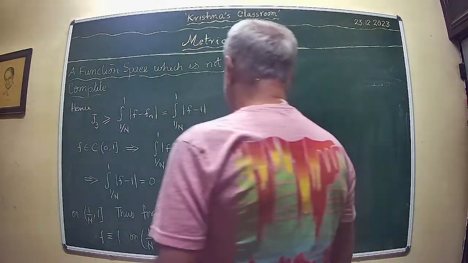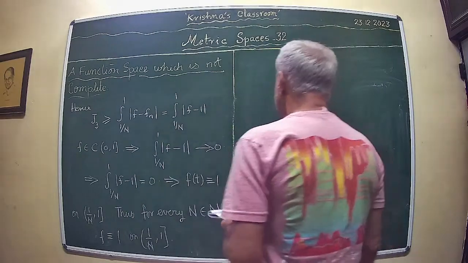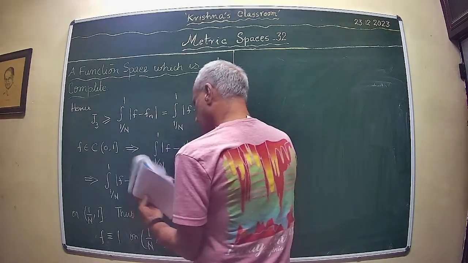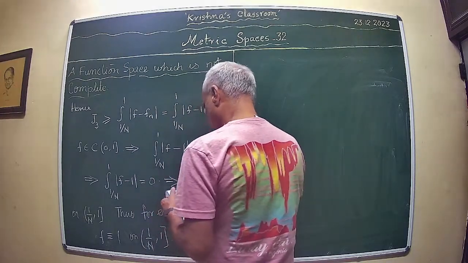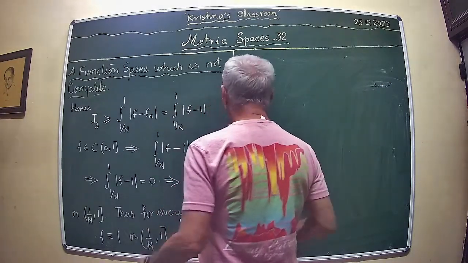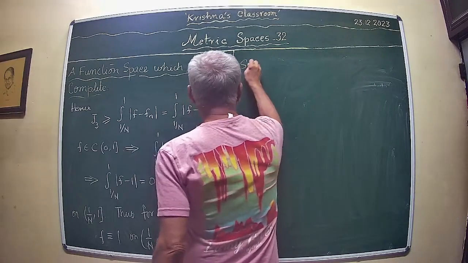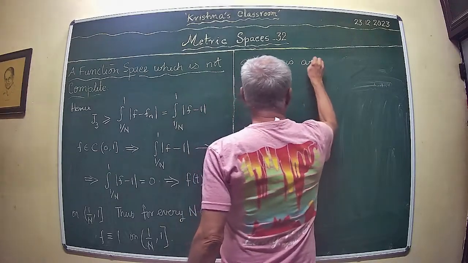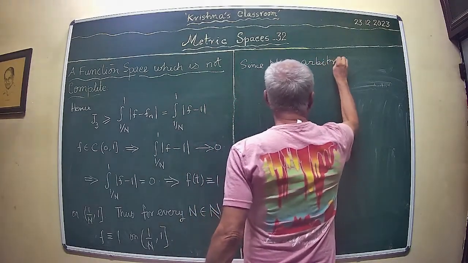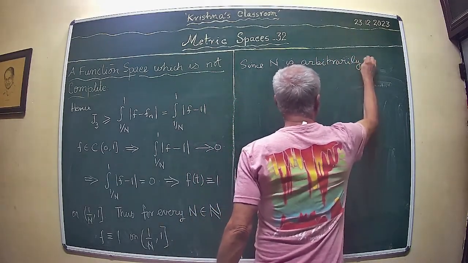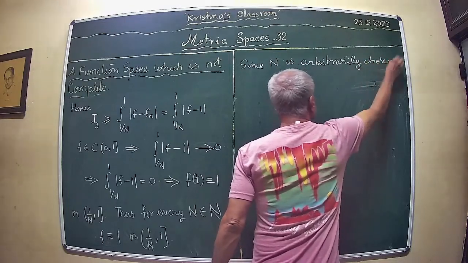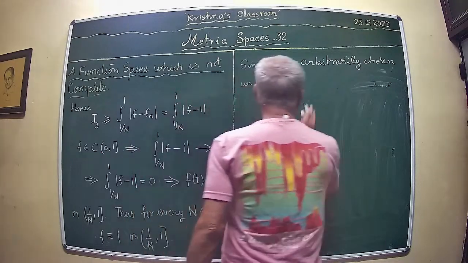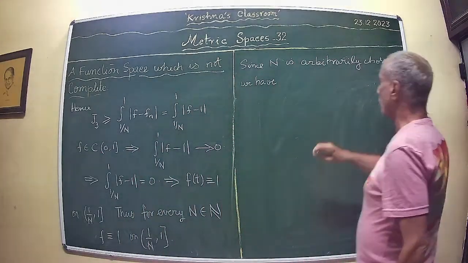Of course, J2 goes to 0. Thus, we have, this is true for every n.